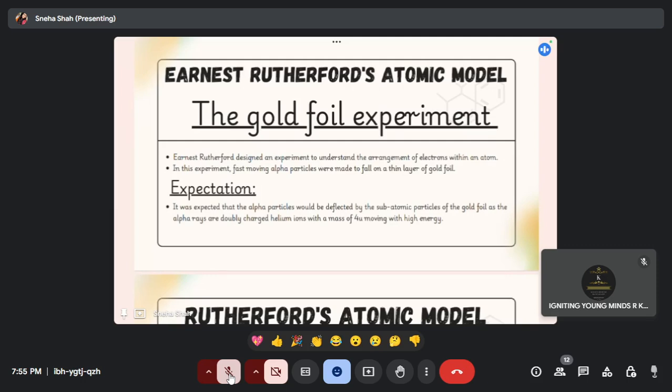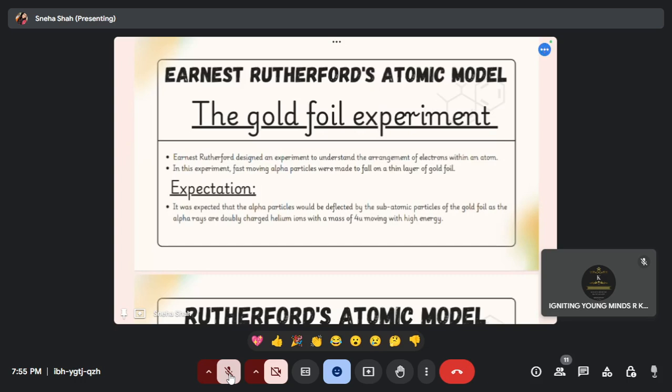So it was expected that the alpha particles would be deflected by the subatomic particles of the gold foil, as the alpha rays are doubly charged helium ions with a mass of 4 units moving with high energy.